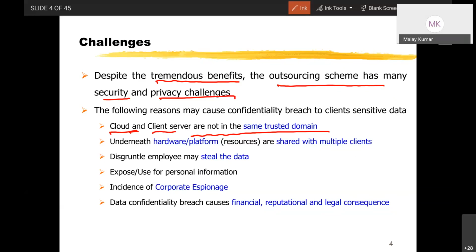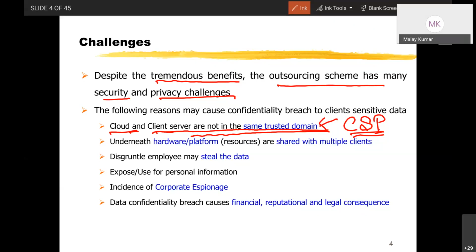So whenever you are outsourcing your computation or data on the cloud, the privacy concern is not only from the clients who are executing simultaneously on the cloud platform. The privacy or confidentiality concern also comes from the cloud service provider.